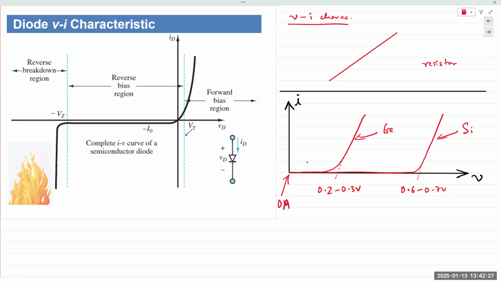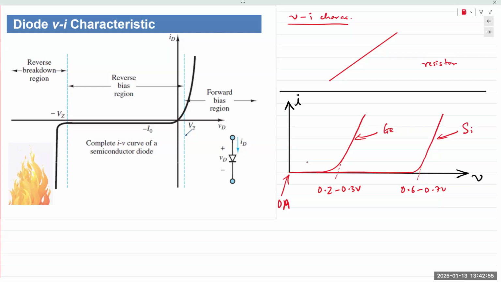This voltage, also known as the knee voltage or the diode turn on voltage, is basically the minimum voltage that is required to overcome the width of that junction. The junction barrier, the depletion region junction barrier, prevents any current from flowing until that voltage is applied.